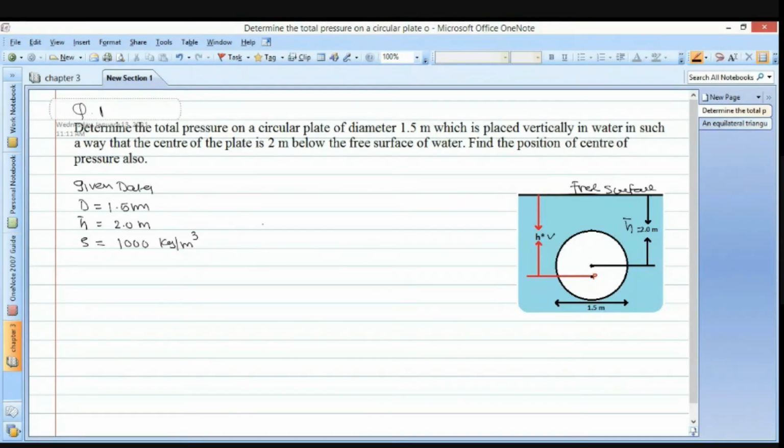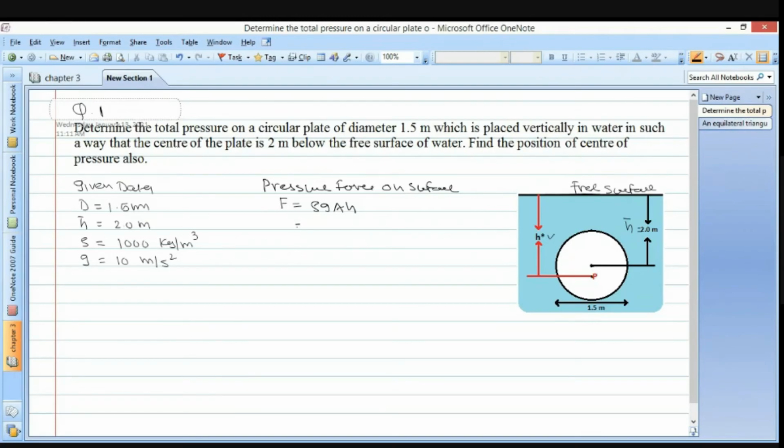So now directly I'm going to calculate the force acting. All of you know the force acting. I take this g, and for easy calculation I'm taking 10 instead of 9.81 meter per second square. So for the total pressure force, I'm writing down the pressure force on the surface vertically, that is rho g A h.